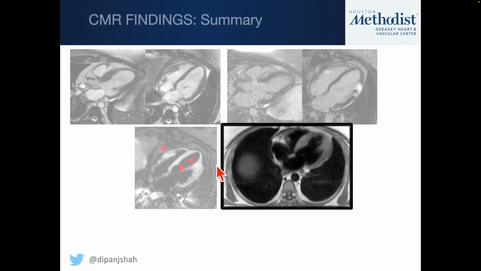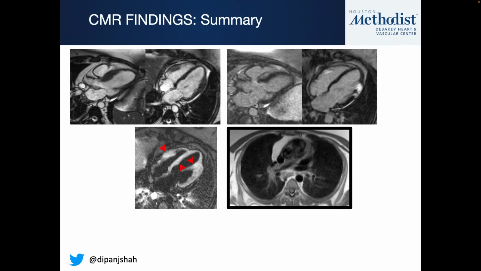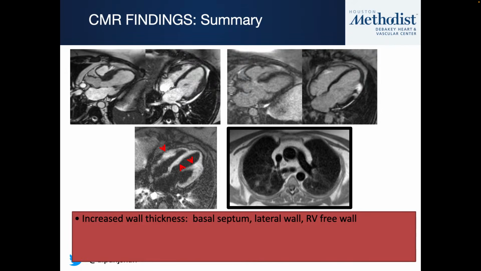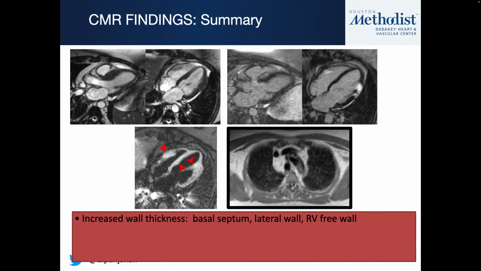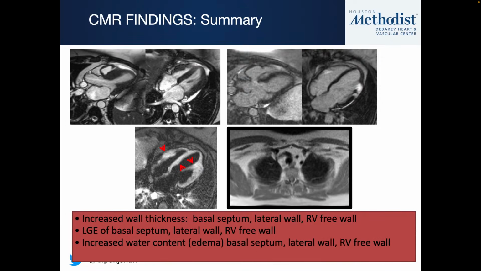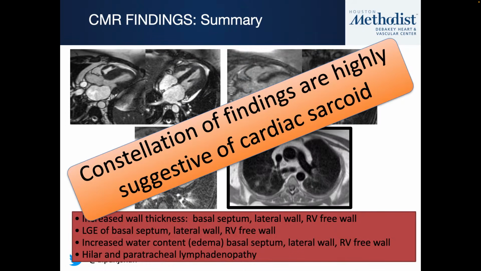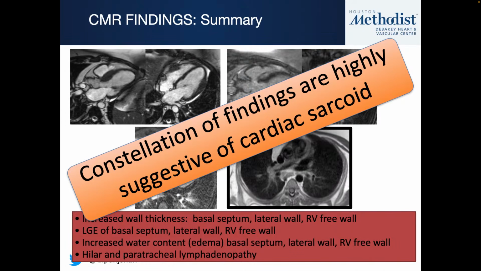So when you put all of these findings together, the increase in wall thickness, the hyperenhancement on the LGE images, as well as the lymphadenopathy, all of these findings really raise the suspicion for cardiac sarcoidosis.